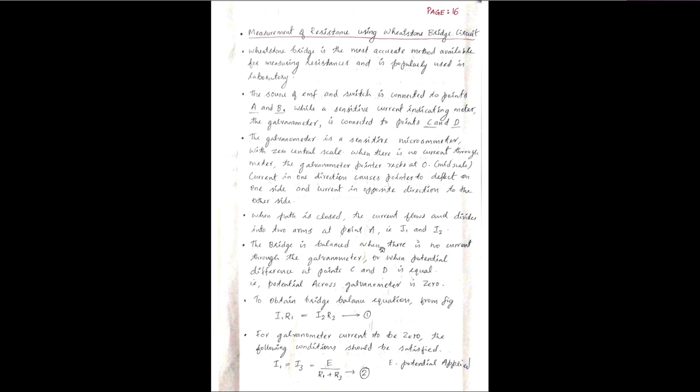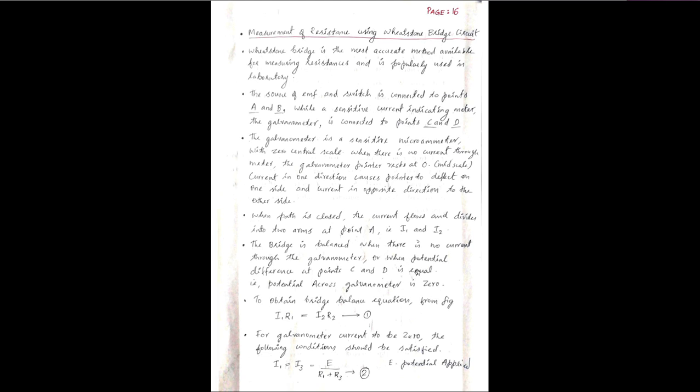The bridge is balanced when there is no current through the galvanometer, or when the potential difference across points C and D is equal. The bridge is said to be balanced when no current is flowing across the galvanometer, that is, the galvanometer reading should be 0.